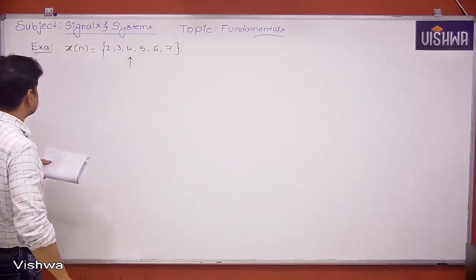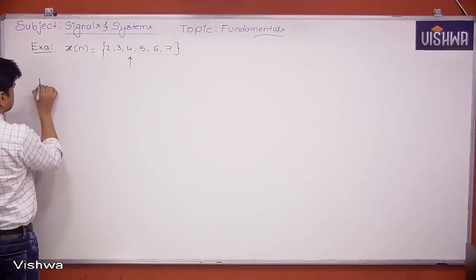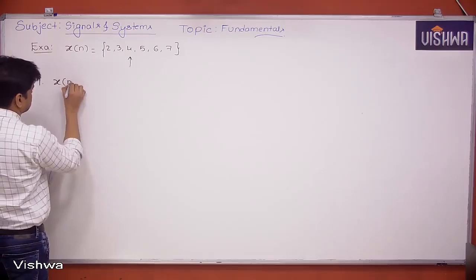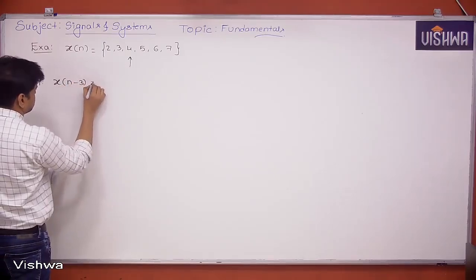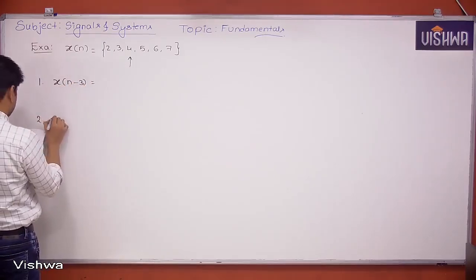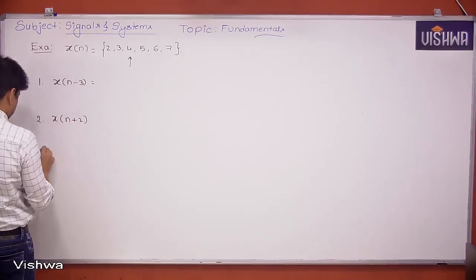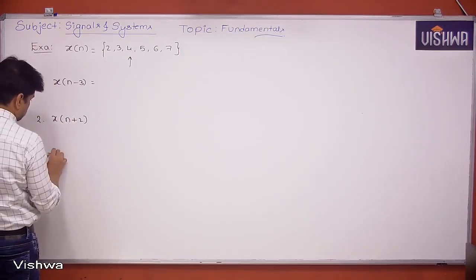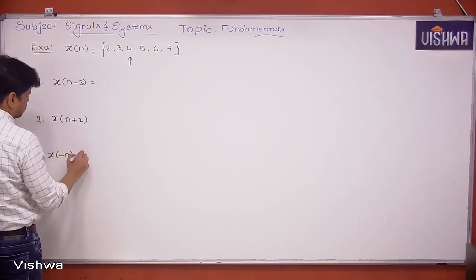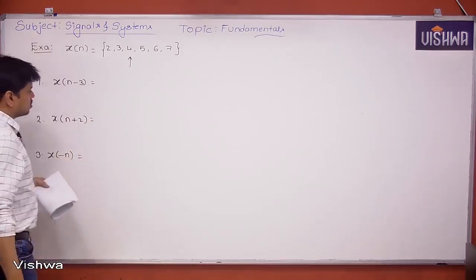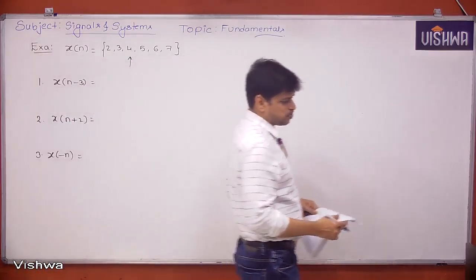Okay. Simply, if I ask to find x of n minus 3, x of n plus 2, x of minus n, these things I have to find.